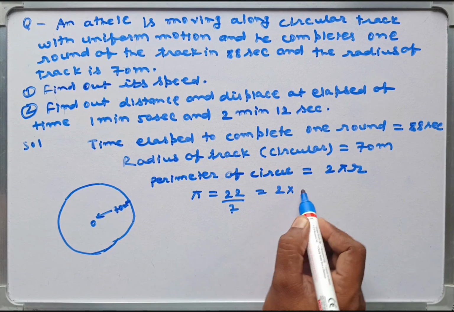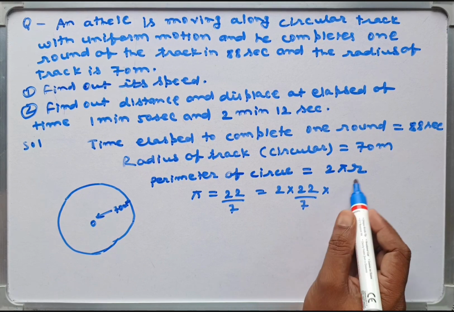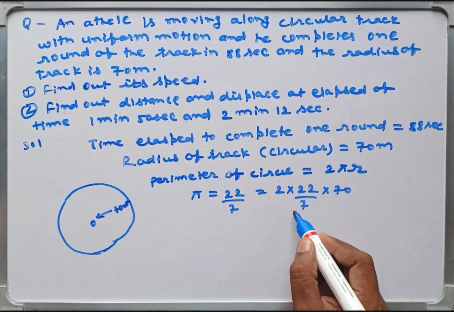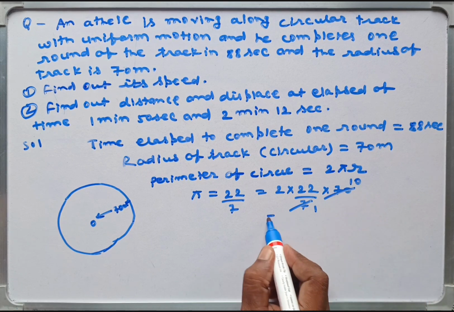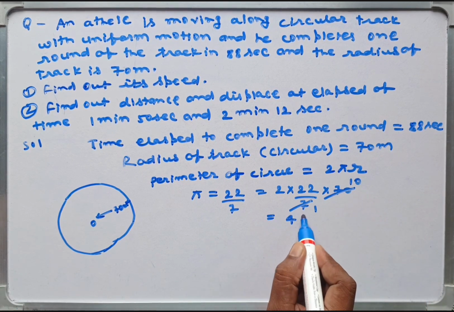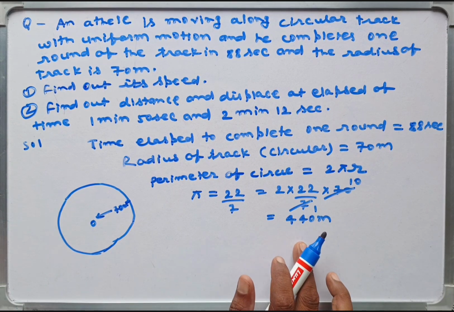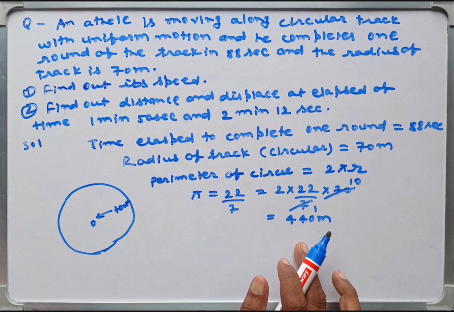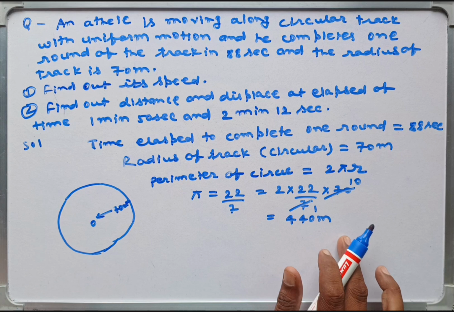We can put the value here, and the radius is 70, so this is 1 and this is 10. So you can write it as 440 meter. Now we get the distance covered by the athlete in one complete round, which is 440 meter.